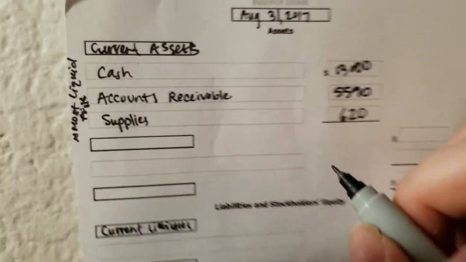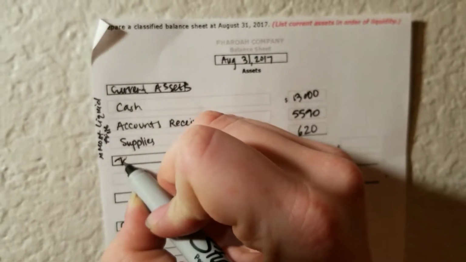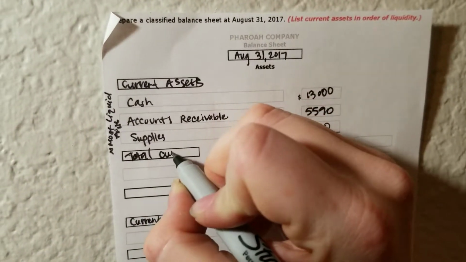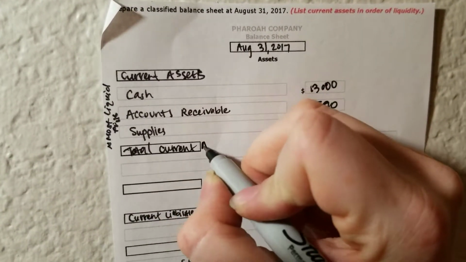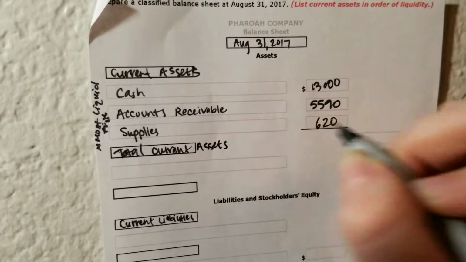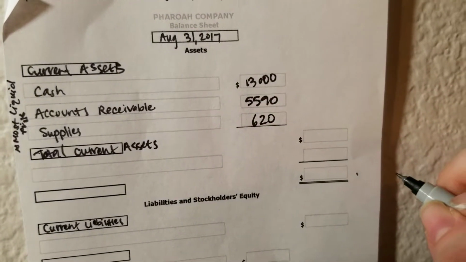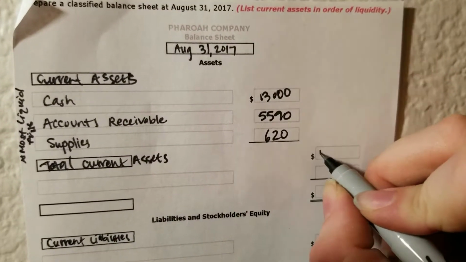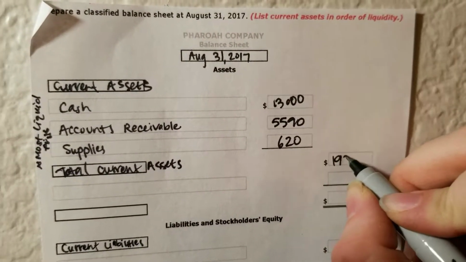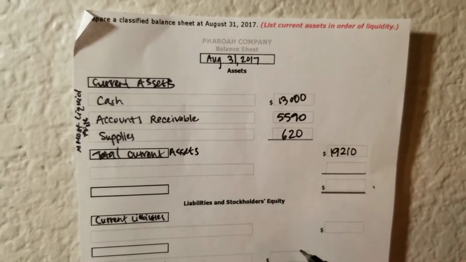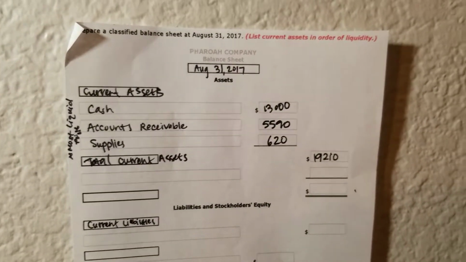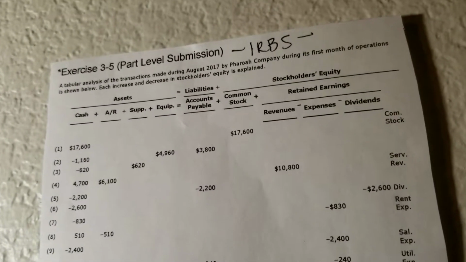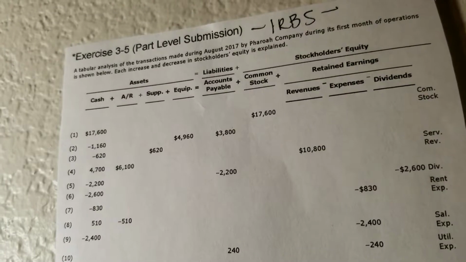We total the current assets, and our total comes to $19,210. After our current assets, we still have equipment, which is not a current asset but a long-term asset, and we'll just go ahead and add that.